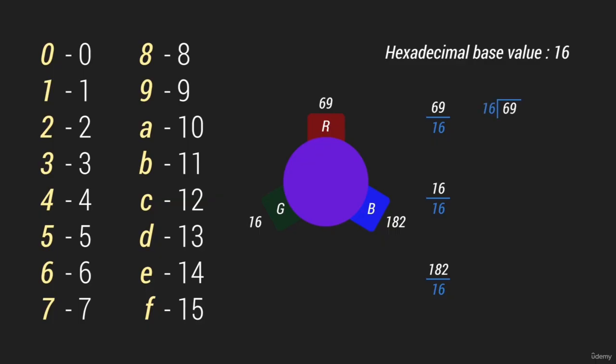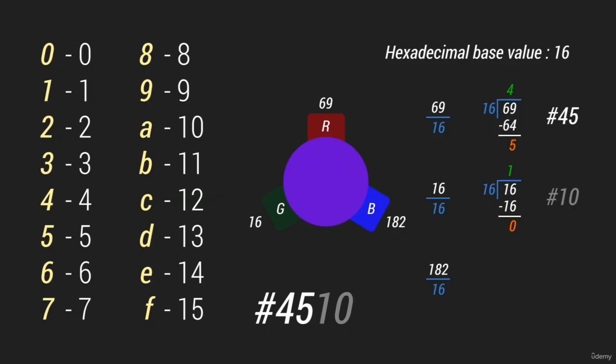So 69 divided by 16 gives quotient 4 and remainder 5. So the hex value for red 69 becomes hash 45. Similarly, dividing 16 by 16 gives quotient 1 and remainder 0. So the hex value of green 16 becomes hash 10.